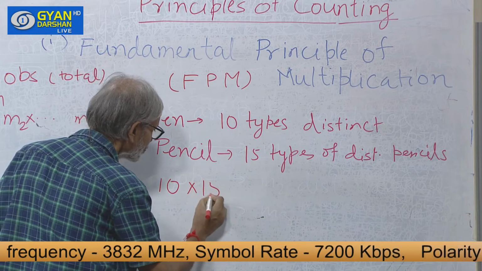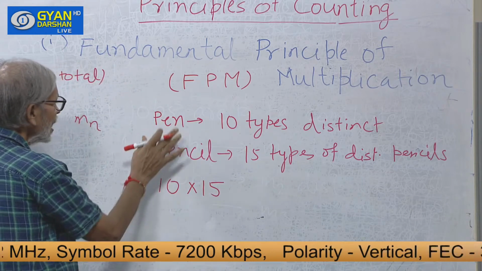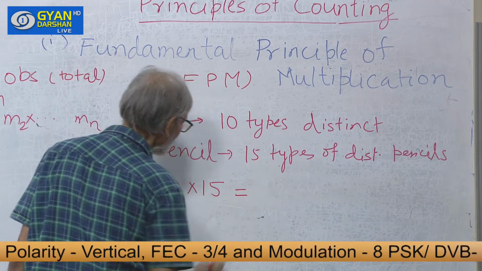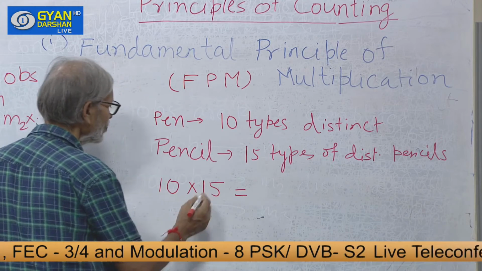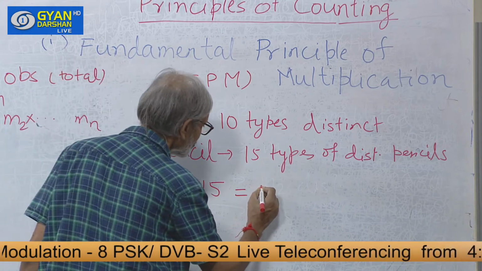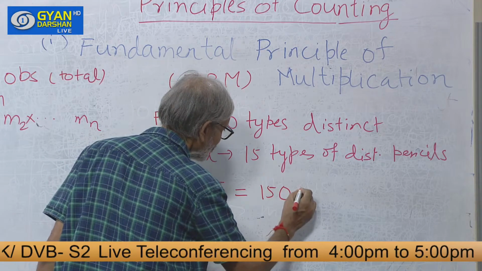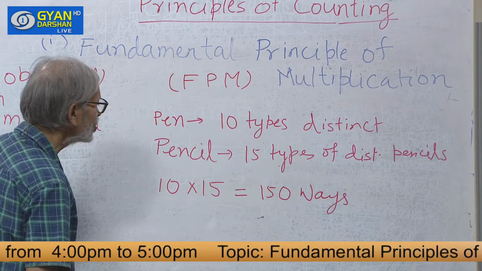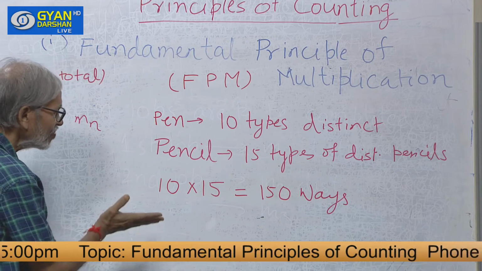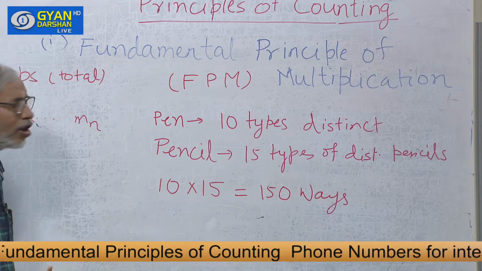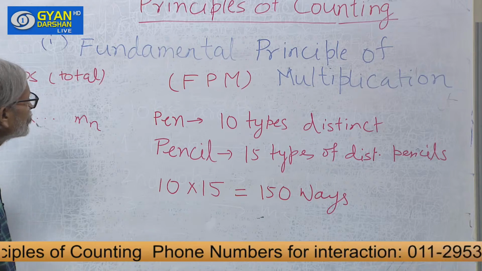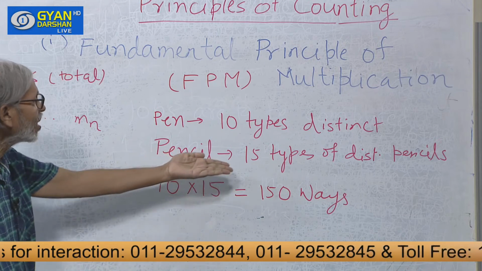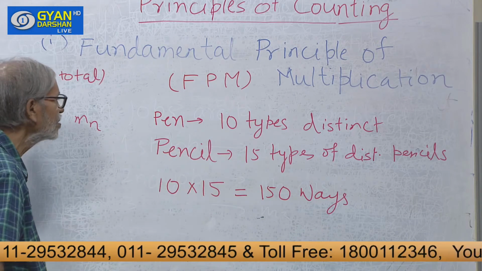So, if we have to select a pen and a pencil, the total number of ways will be 15 into 10, that is 150 ways.